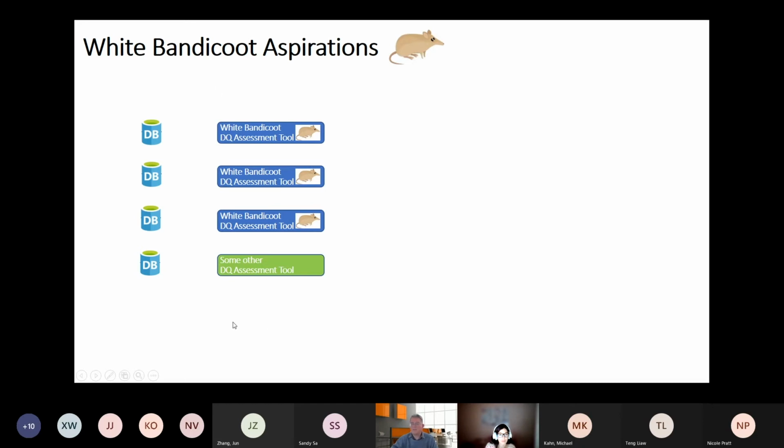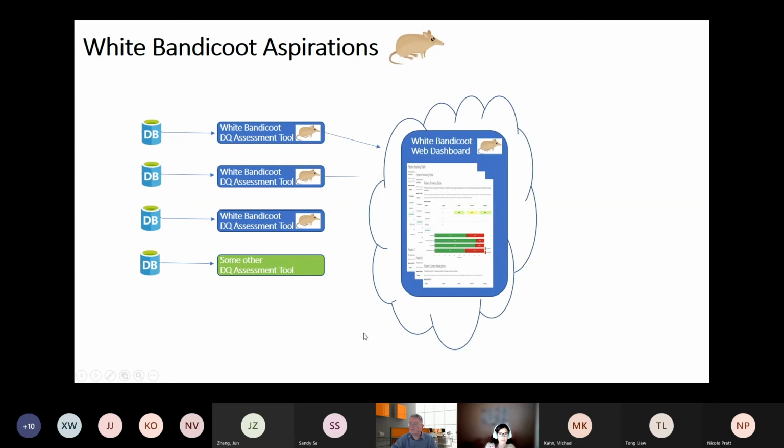If we look at the aspirations then of White Bandicoot, what we've been trying to do is to develop a tool that allows us to run a data quality assessment across different databases. And I've got the fact that maybe we want to use someone else's tool, so I'm not necessarily trying to say that our tool is going to be the best one for doing that data quality assessment.